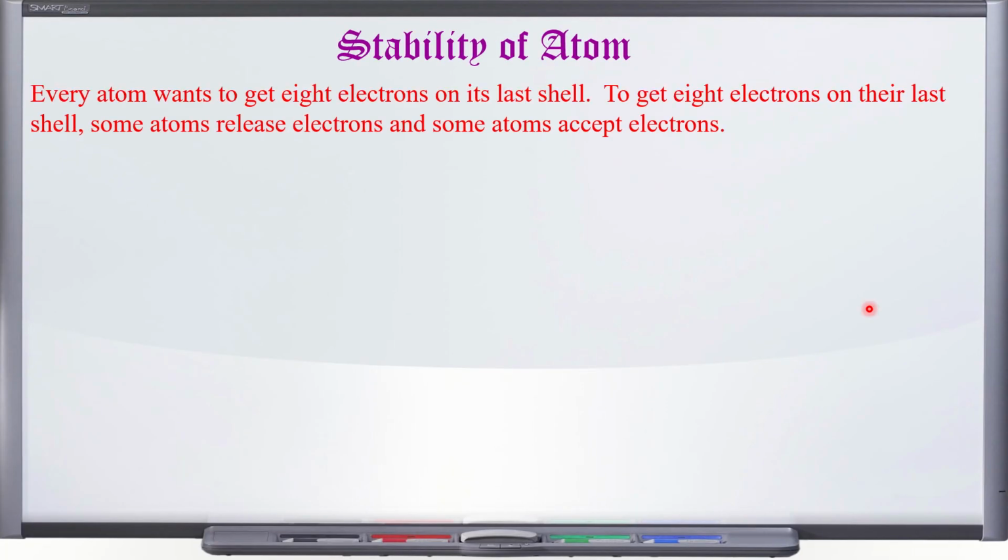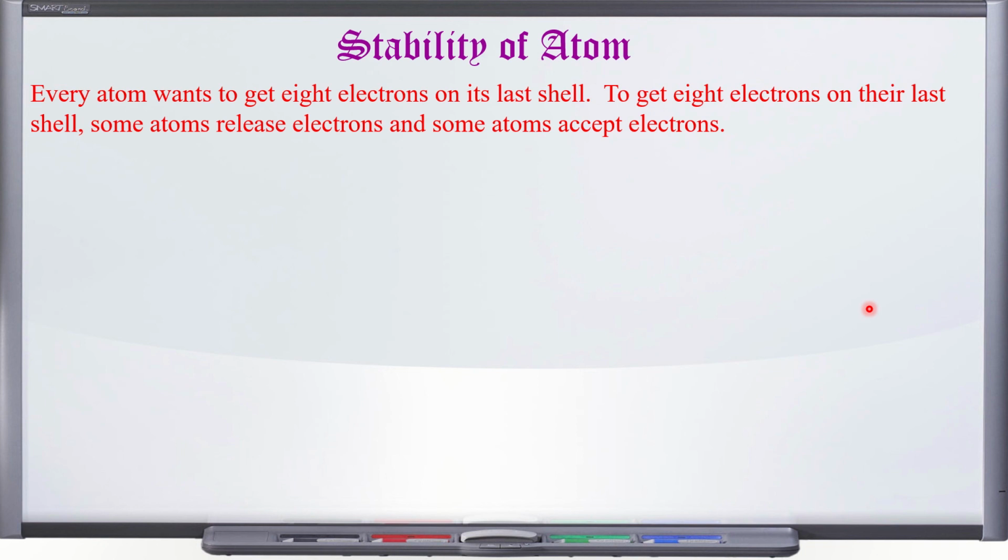Now, I told that every atom wants to get 8 electrons on its last shell. Why? Because every atom wants to become stable. The atoms which are already stable, they are stable. But other atoms want to become stable. How? Either they will release electrons or they will accept electrons.